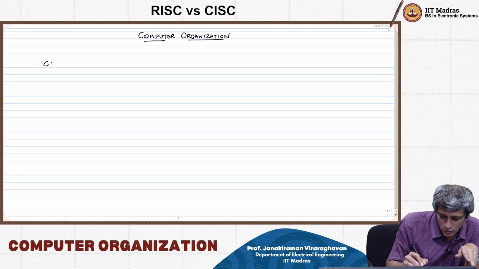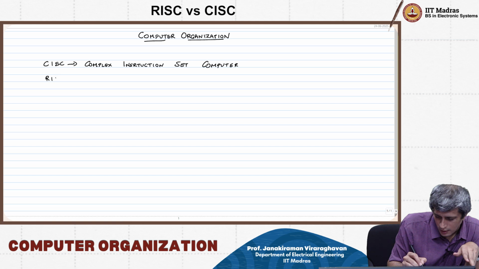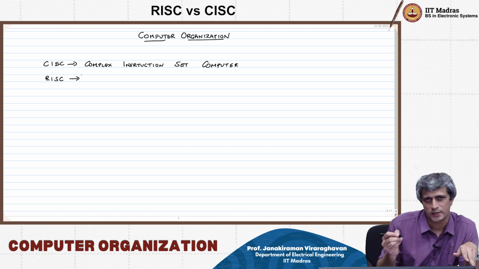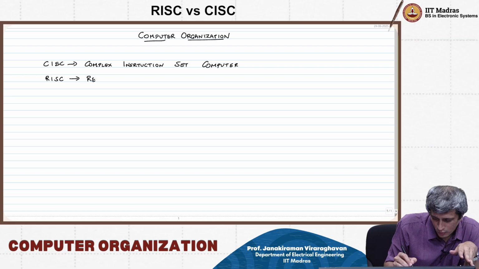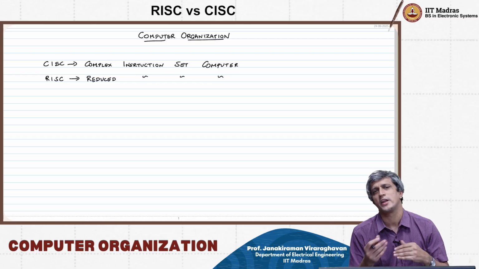CISC is complex instruction set computer, and RISC is the opposite in some sense. It is the reduced instruction set computer. Okay. So the name is very intuitive.